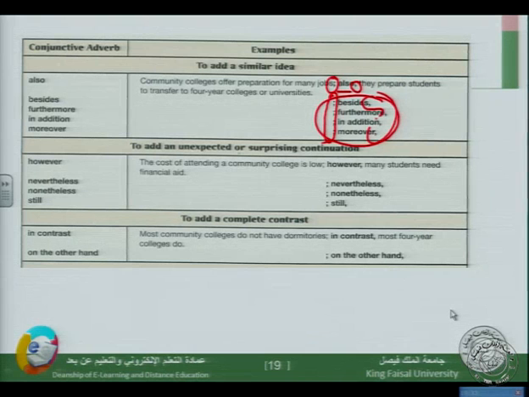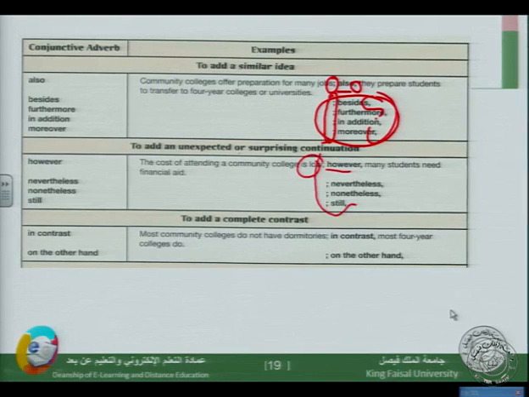We use these conjunctive adverbs to add an unexpected or surprising continuation، شيء غير متوقع أو مفاجئ. مثلا, the cost of attending a community college is low; however, many students need financial aid. يعني هي بتحكي إنه تكلفة الالتحاق في الكلية المجتمعية منخفضة ومع ذلك many students need financial aid، بحاجة إلى مساعدات مالية.